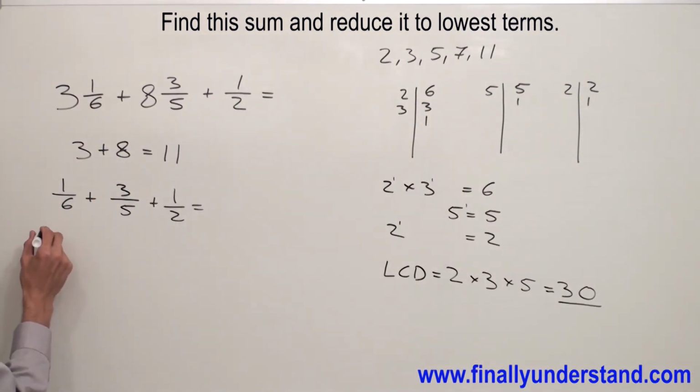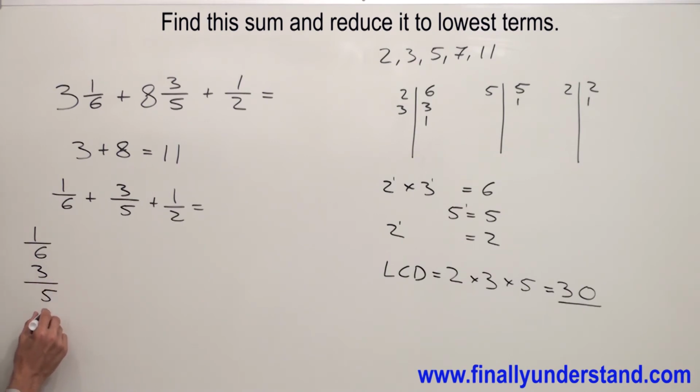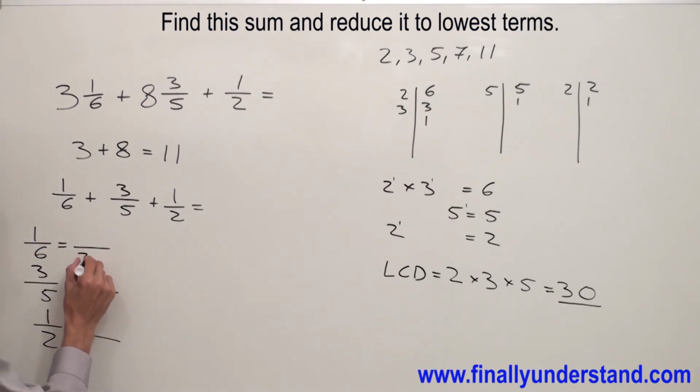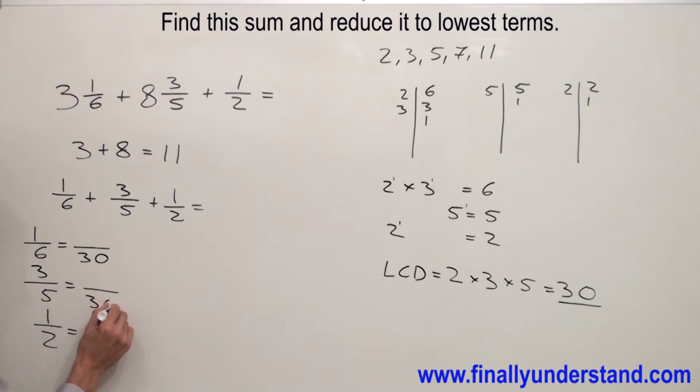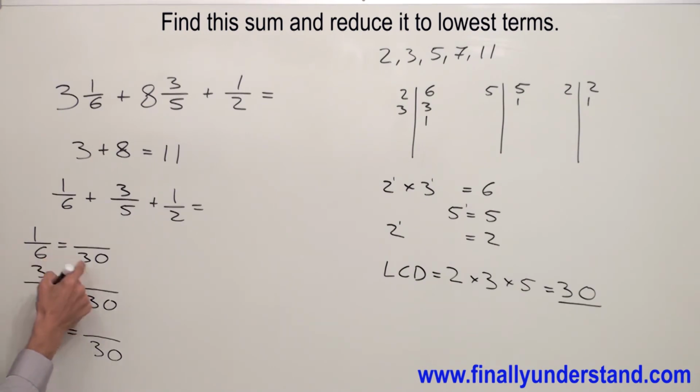Let me write these fractions one more time. I have 1 over 6, I have 3 over 5, and I have 1 over 2. Common denominator we said is equal to 30. Now the question is, by what number I have to multiply 6 to get 30?